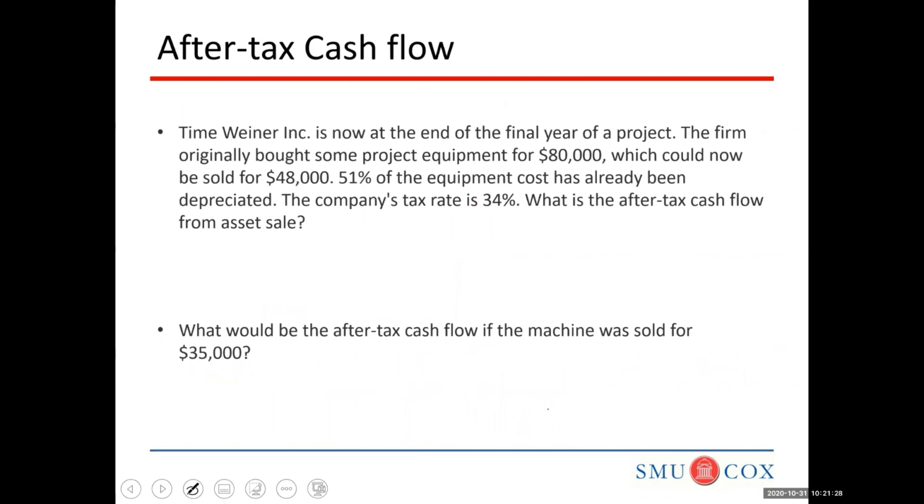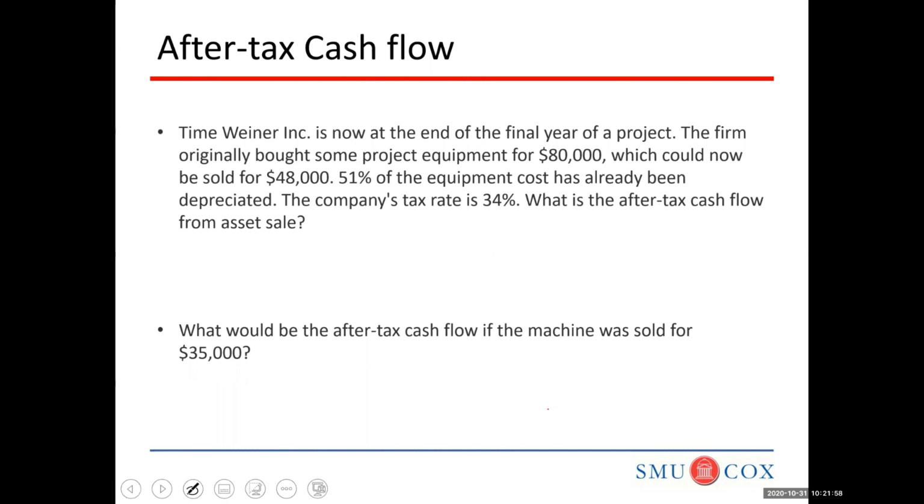Let me go to the next one. So this is about kind of capital gains. Capital gain is the difference between the value that you sell the asset for and the book value. And really, the reason it matters is that if you sell an asset and its depreciated value, book value, is less than the sale price, you get capital gain and you pay tax on that.